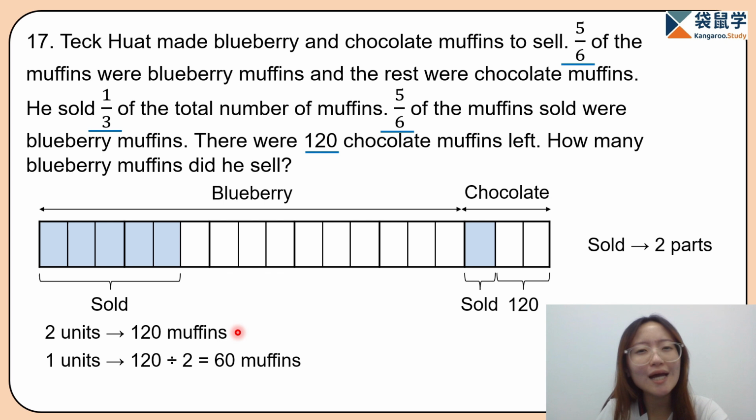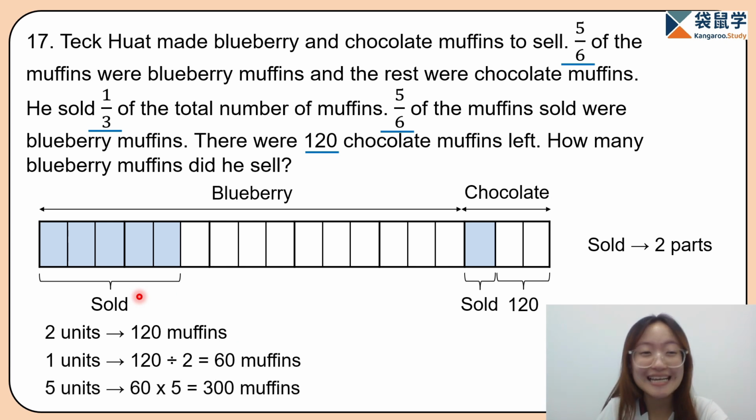Now remember, what is the question asking for? The number of blueberry muffins sold. So how many units is this? 5 units. So how can we find this? Take 60 times 5 and that will give us our answer of 300 muffins.